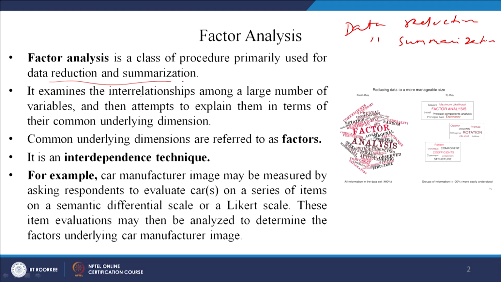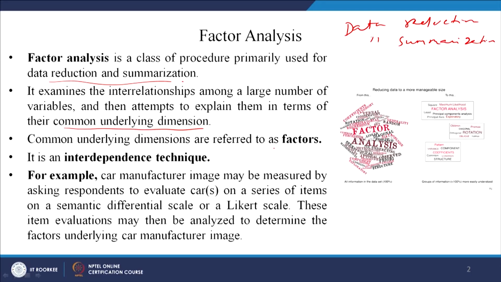So, as it says, it examines the relationships among a large number of variables and then attempts to explain them in terms of their common underlying dimension. So, what is this common underlying dimension? You have to understand that the whole philosophy of factor analysis is dependent on the correlation among variables.